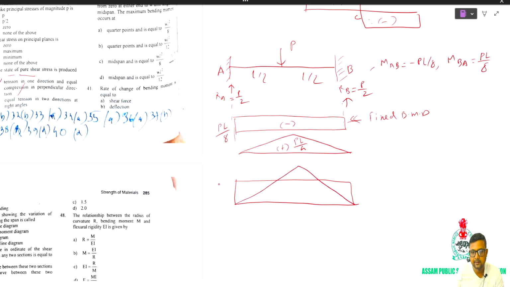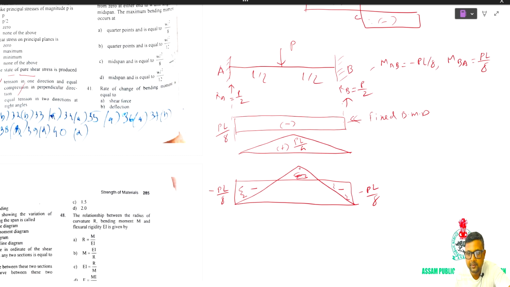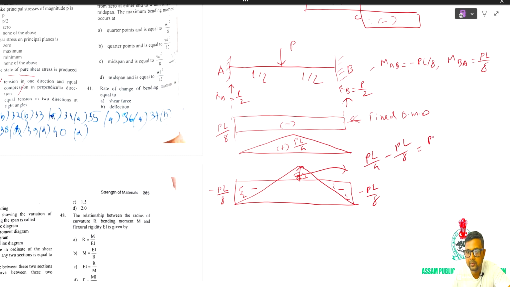This is minus PL by 8. Only this is remaining, and this value is PL by 4 minus PL by 8, which is PL by 8. This portion is cancelled out.